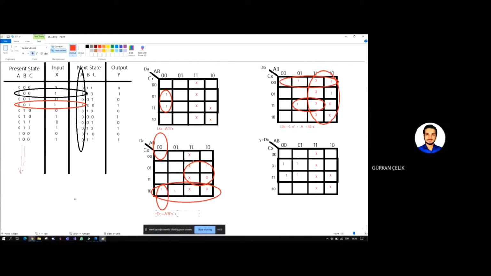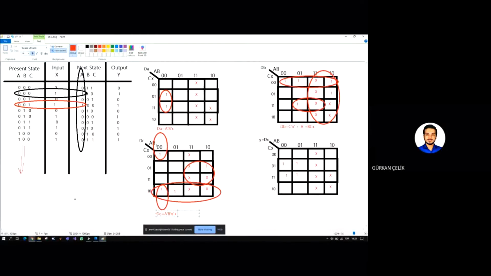Now we have another circle for the bottom part. What should this circle be? A complement? No. Look, A changes with this, and B changes with this.